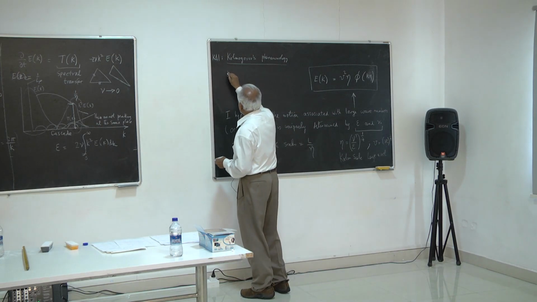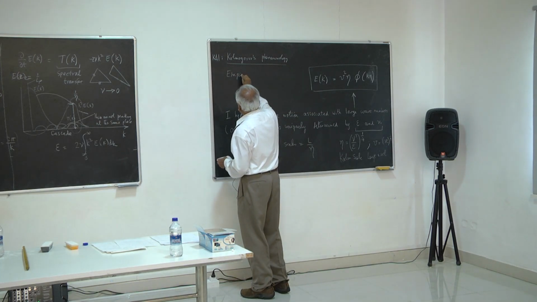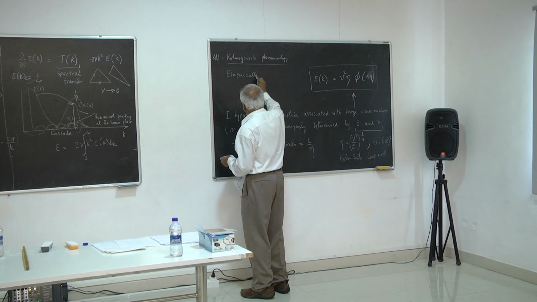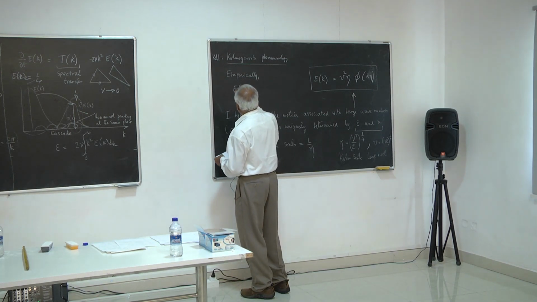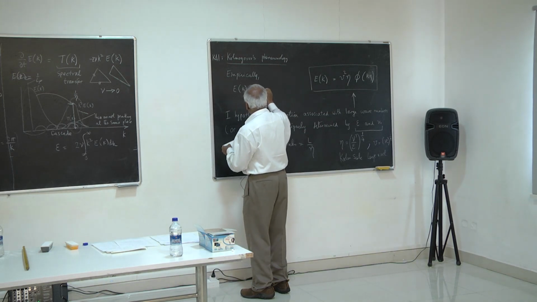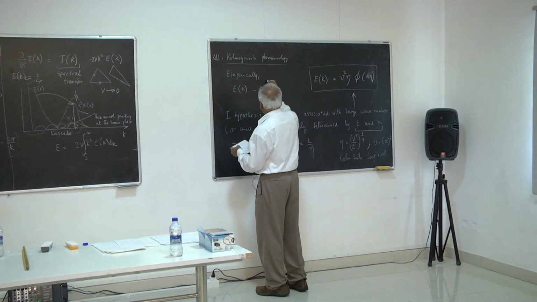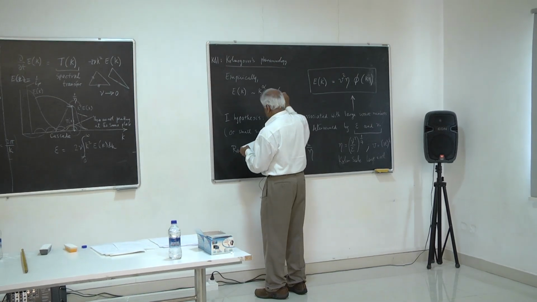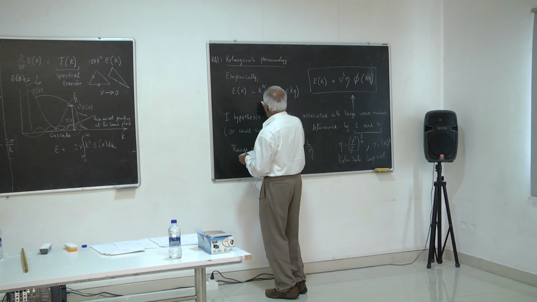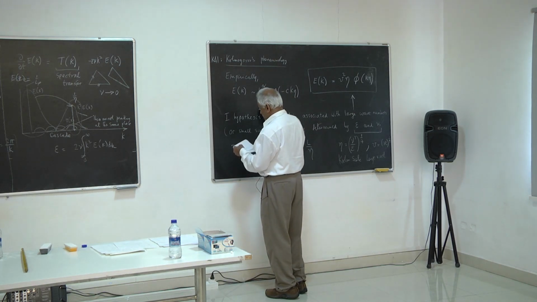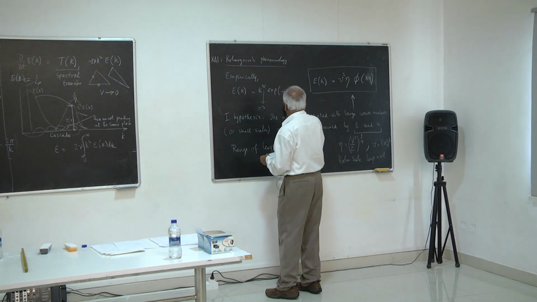So empirically, E of k towards the large wave number is like k to the power alpha exponential minus c k eta, something like that, where alpha is about 3 and c is about 7.